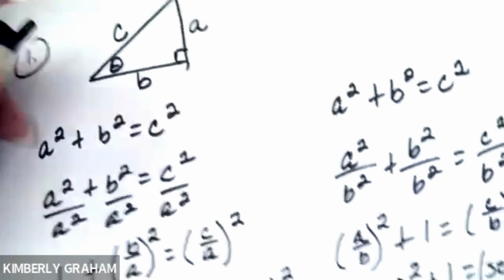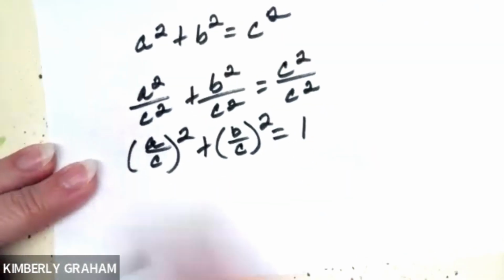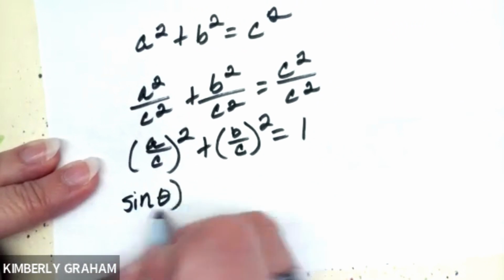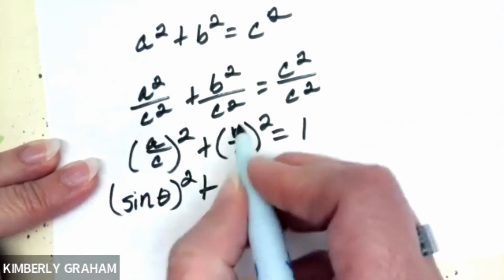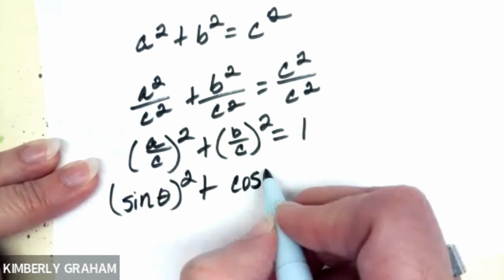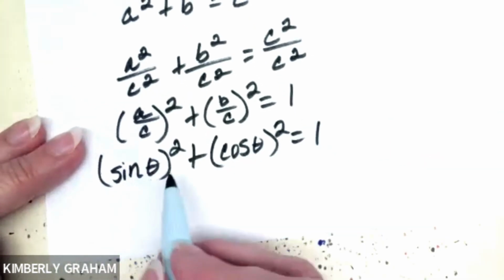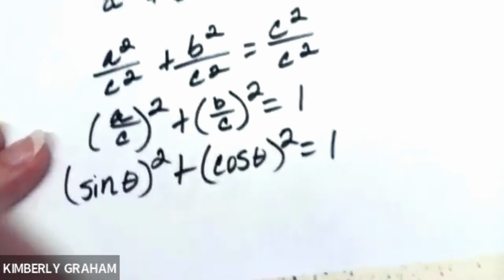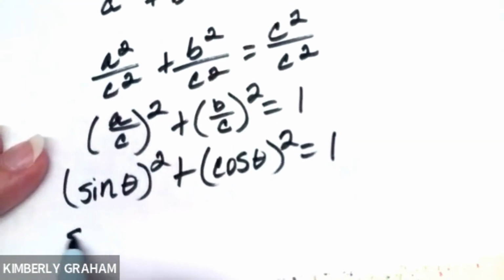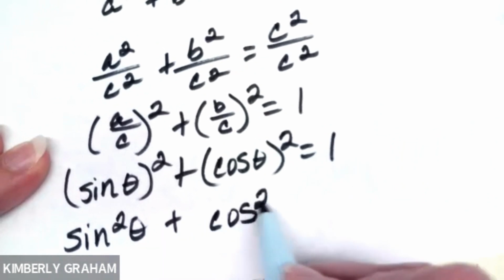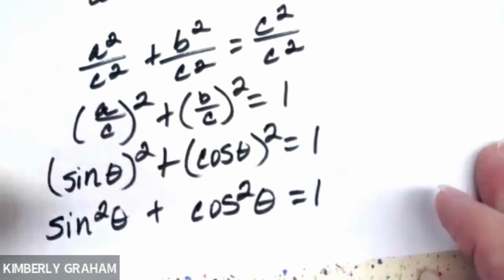A over c, opposite over hypotenuse, is sine. So this is sine squared. This is cosine squared. And the way that you would write this without parentheses is sine squared theta plus cosine squared theta equals 1.